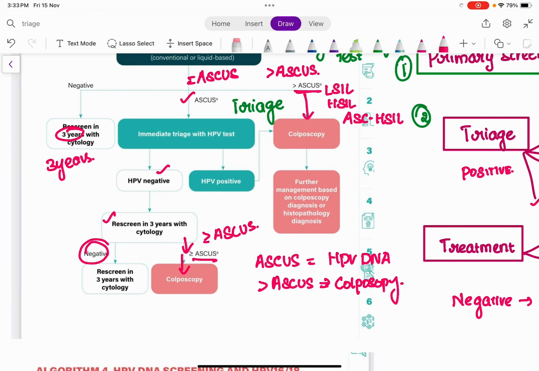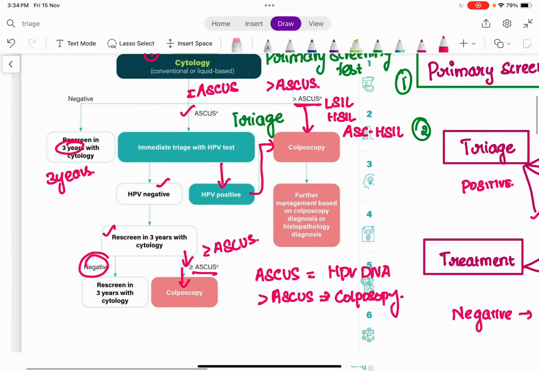Or if the HPV DNA test also is positive and the primary screening test is also positive, you have to follow it with the colposcopy, right? The pap smear report comes out to be atypical squamous cells of unknown significance and the HPV triage test comes out to be positive.